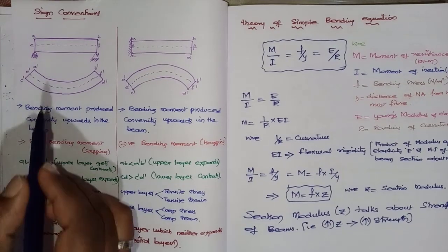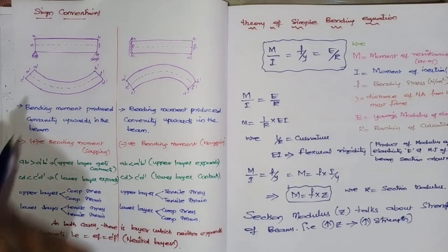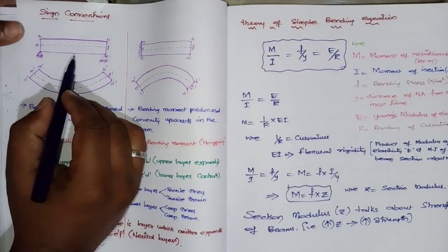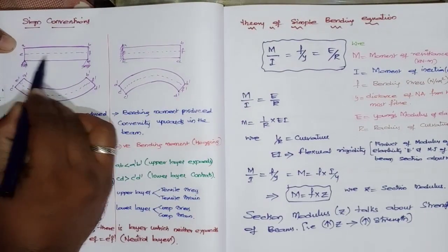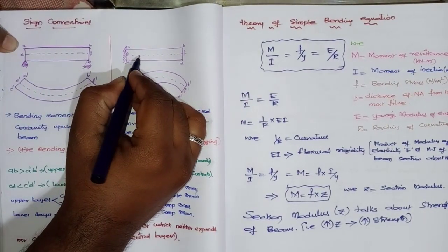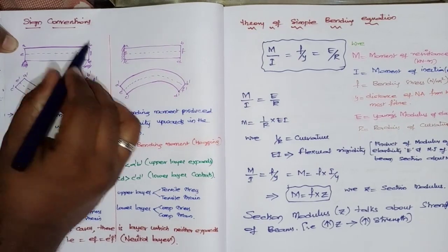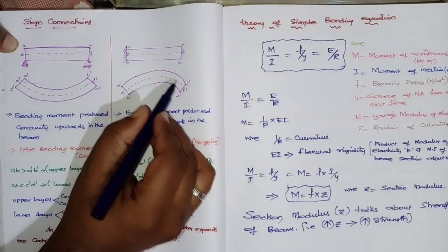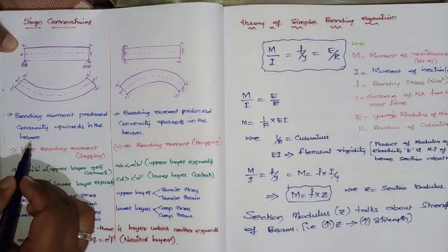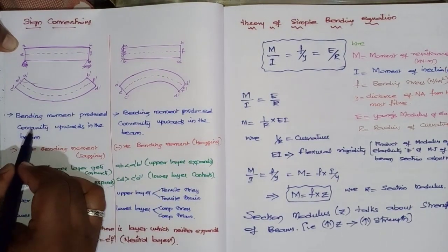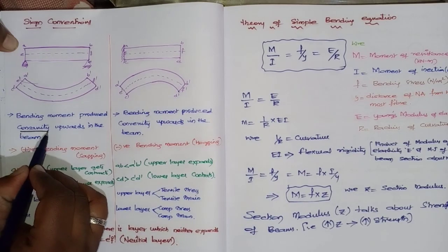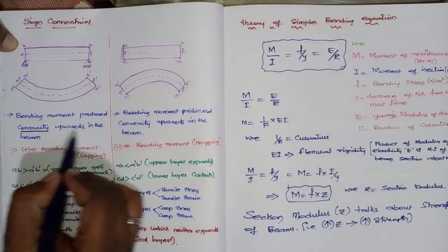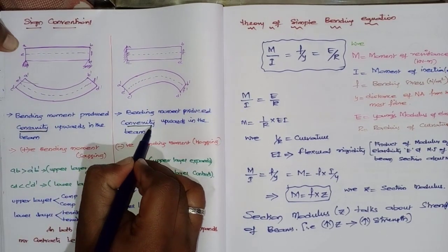Now we'll see the sign conventions for this one. For this I have taken the simply supported beam and the cantilever beam. Simply supported beam, because of the loading, will be bending like this, and the cantilever will be bending like this. Here the bending moment produces concavity upwards in the beam, whereas here it is convexity upwards.